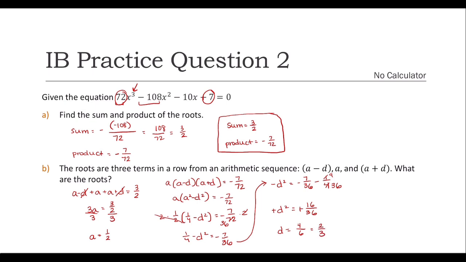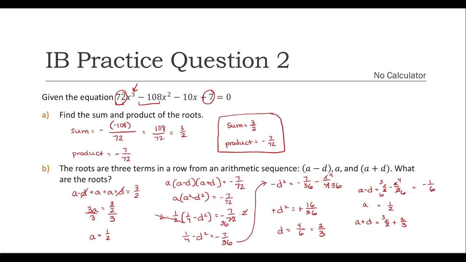So now we can find our roots. We have our a minus d, a, and a plus d. So a minus d is 1/2 minus 2/3. We'll have a common denominator of 6. So 3/6 minus 4/6 is negative 1/6. Our a value is 1/2. And then our a plus d is 1/2 plus 2/3.